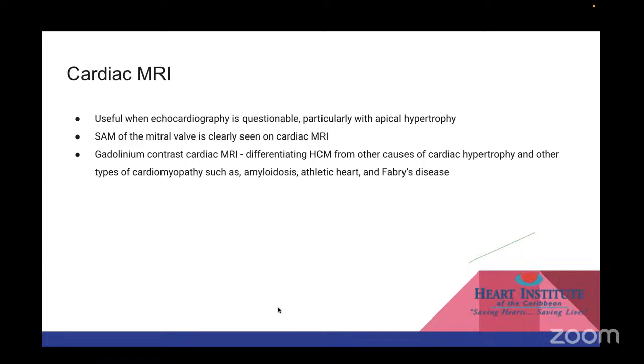And that comment is: a normal ECG does not rule out cardiac pathology. I can't say it any more than that. There is always this assumption that once the ECG is normal, then cardiac pathology is excluded. And that is why we have to be emphatic on the policy at HIC. We're a comprehensive cardiac center. Every ECG must be looked at by a physician while the patient is here, and there is no charge for that.